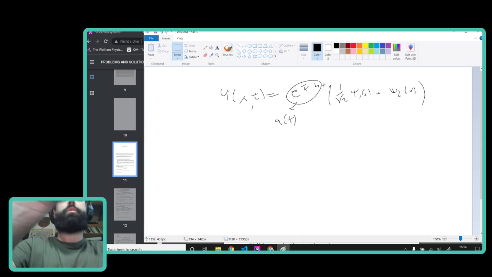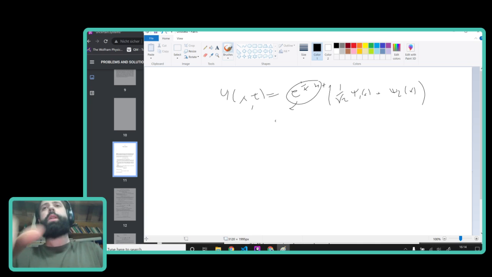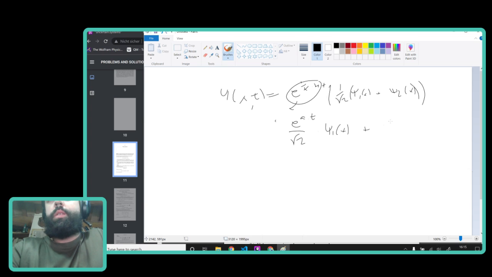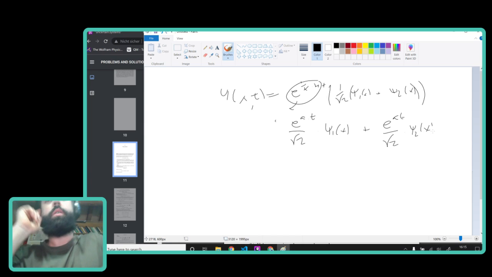I just don't want to write the whole thing because I think things cancel out, and that's the reason why it's time independent, right? Sorry, it's like that. So essentially what you get is e to the A times t, with A being all this other stuff, and the square root of 2 times psi 1 of x plus the same thing, square root of 2 times psi 2 of x, right?